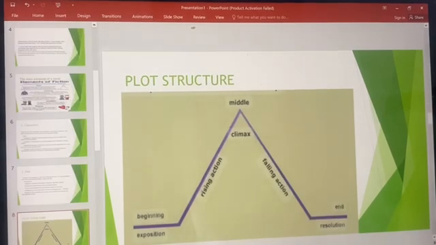Okay, this is the plot structure. Here we have the exposition or the introduction or the beginning of the novel, and here we have the rising action, and we have the climax, the middle of the novel, and here we have the falling action, and here we have the resolution or the end of the novel.